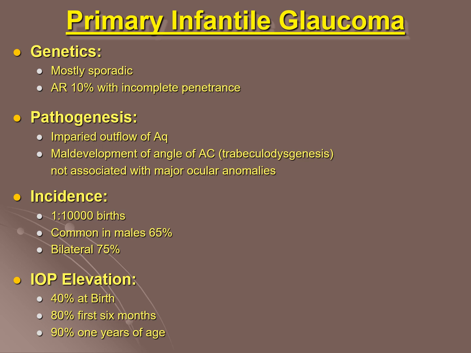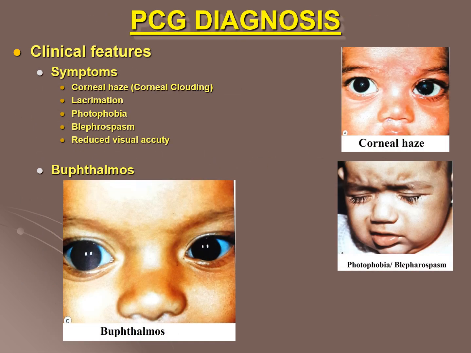As far as intraocular pressure is concerned, 40% have raised intraocular pressure at birth, 80% in the first 6 months, and 90% in the first 1 year of life. So what are the clinical features of primary congenital glaucoma? First of all, the symptoms. The parents notice corneal haze, corneal clouding, lacrimation, meaning watering of the eye, and photophobia.